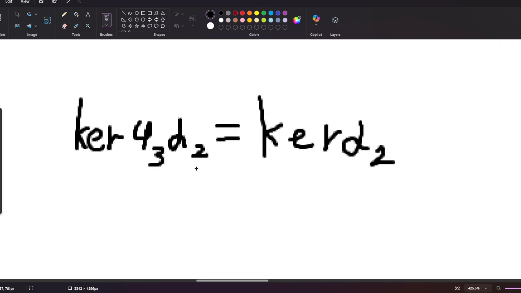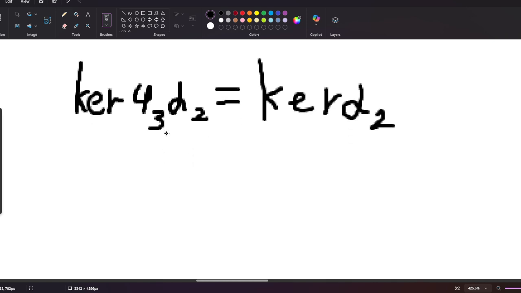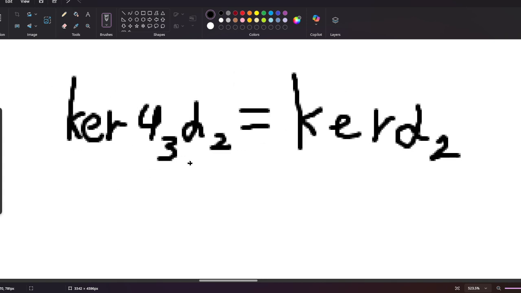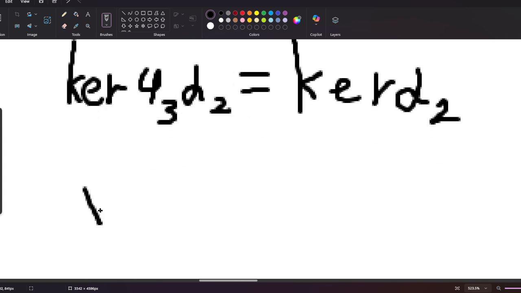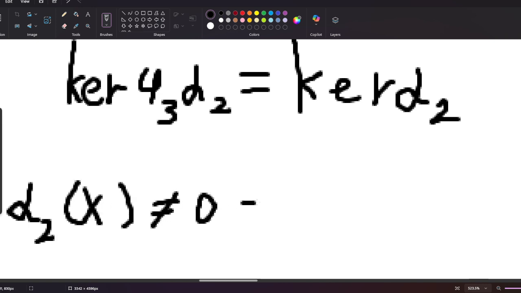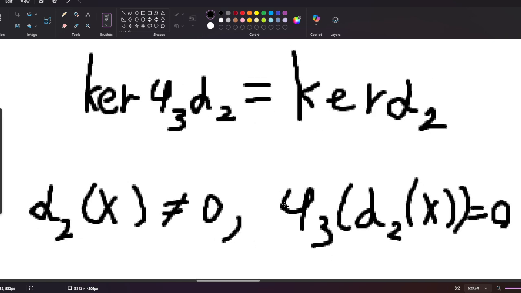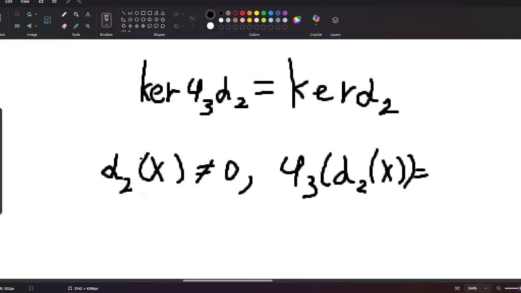While this has some implications, that means that there is no such element x such that alpha 2 of x is not equal to 0, and phi 3 of alpha 2 x is equal to 0. And this has an interesting implication.